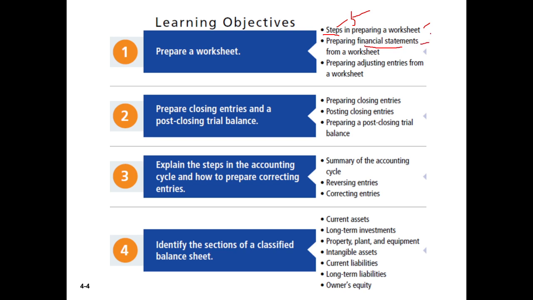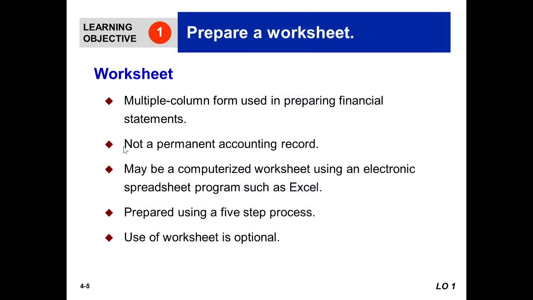Actually, financial statements include the income statement, owner's equity statement, and balance sheet. So basically, we prepare the income statement and balance sheet, and the owner's equity statement will be included in the balance sheet. Okay. So, preparing adjusting entries from a worksheet. These are the three subsections.